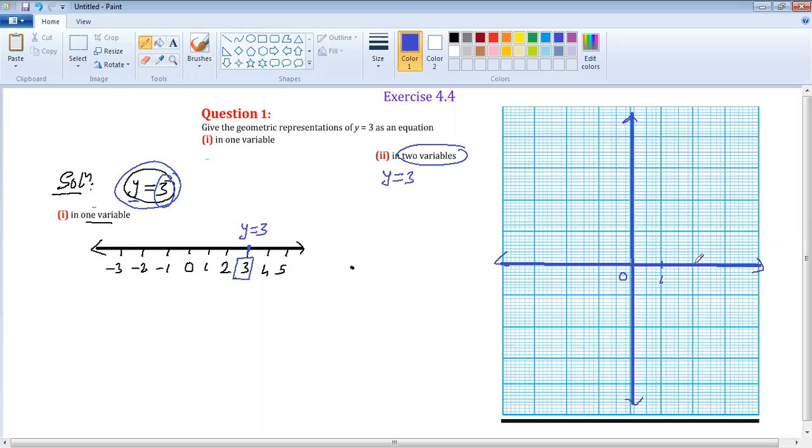Zero, this side positive values on the x-axis, then x dash is the negative values, this one is y positive, and y dash is y negative.